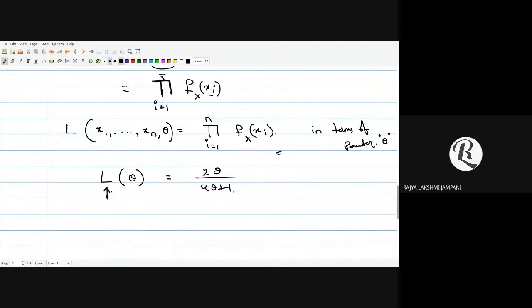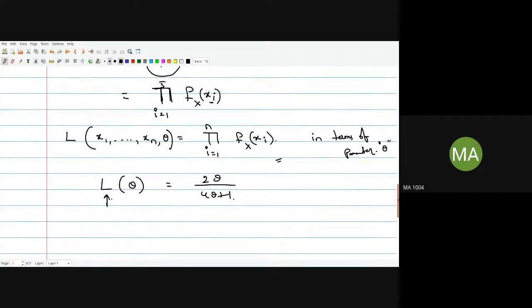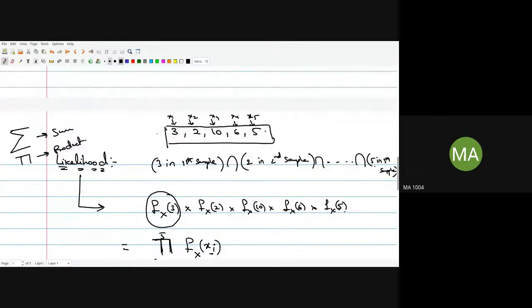Because whatever the sequence that we have, we want to make the probability of getting that sequence maximum. Correct, exactly. So why we are maximizing is because this theta can take any value within that particular range. For which parameter value does this likelihood function, or the likelihood sample series we have in our example, 3, 2, 10, 6, 5, have high probability to occur?